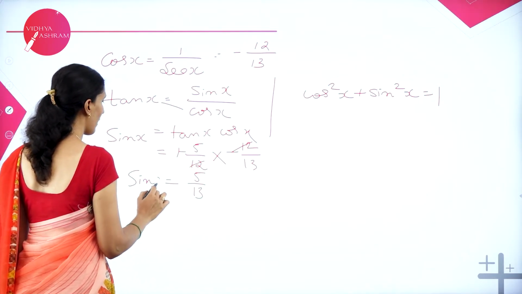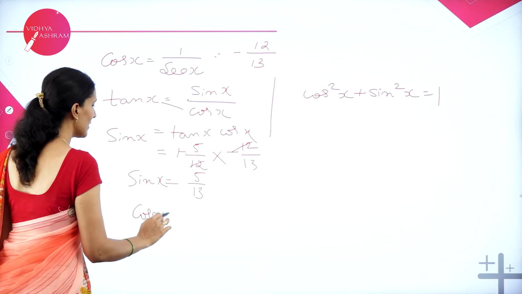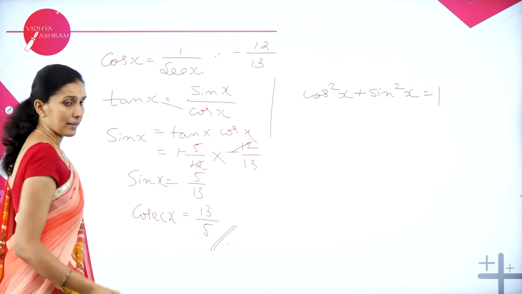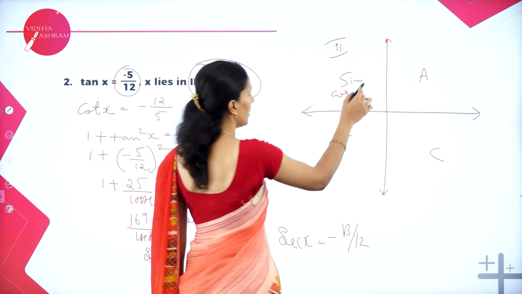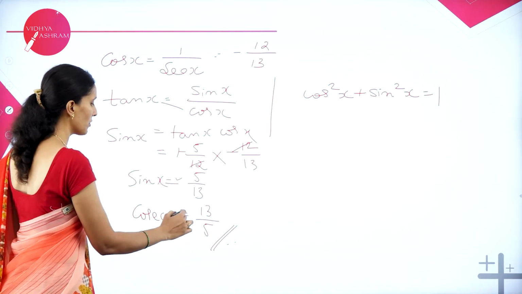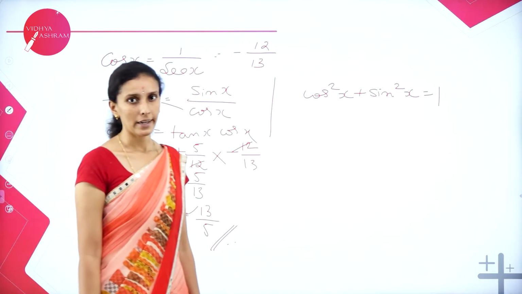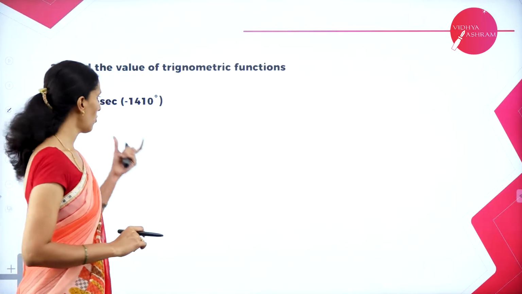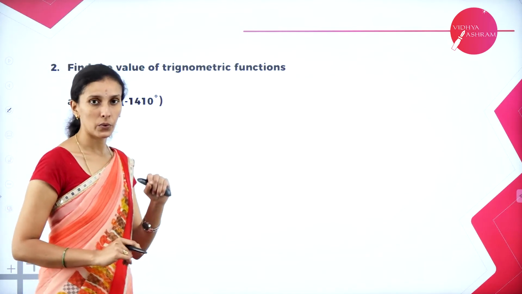So sin x is 5/13, cosecant x is 13/5. And clearly your sine and cosecant are positive in the second quadrant, so the value is positive and all others are negative. Second type of question: find the value of a trigonometric function, cosecant of minus 1410 degrees.